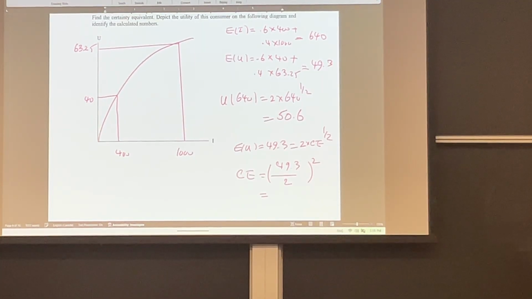This should be less than 640 because that is a risk-averse individual. What's the certainty equivalent? What do you get? 607.4.